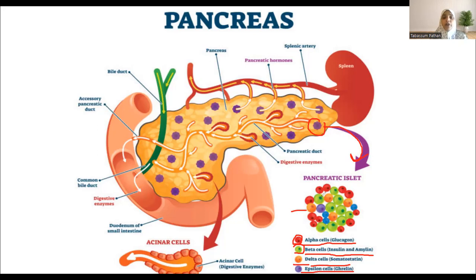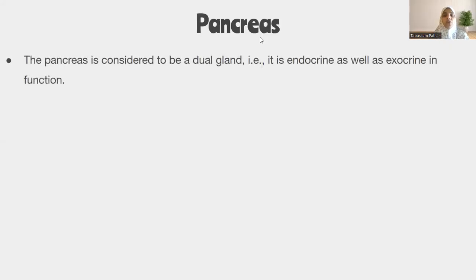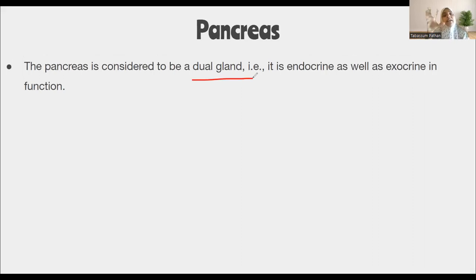Some of the hormones we are going to discuss in detail with respect to pancreas, which are very important in the maintenance of the sugar level in the blood. The pancreas is considered to be a dual organ. As we saw in the first slide, the pancreas is an organ and it is also endocrine in nature because it secretes hormones.